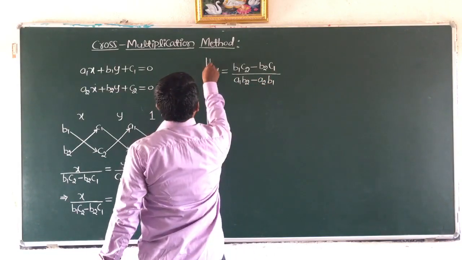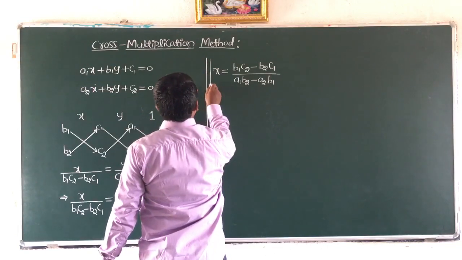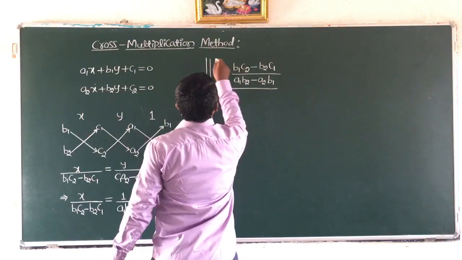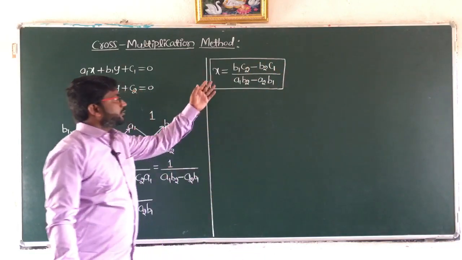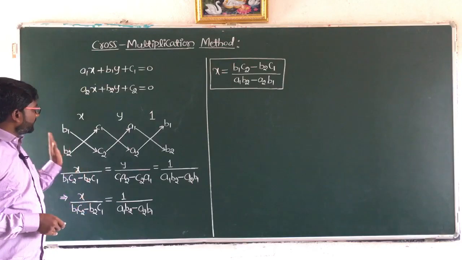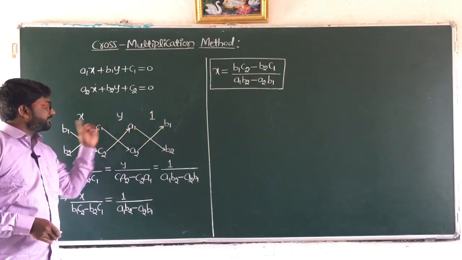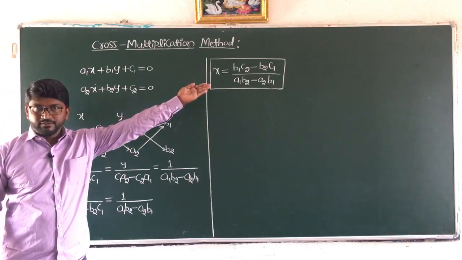So this is the formula for finding x. If you don't remember the formula, you can go for this arrow diagram. From this we can write this particular formula.